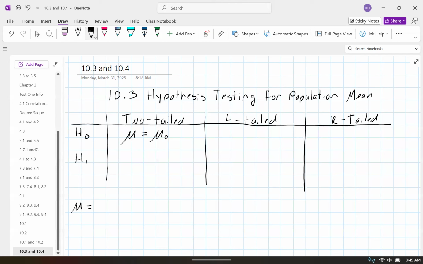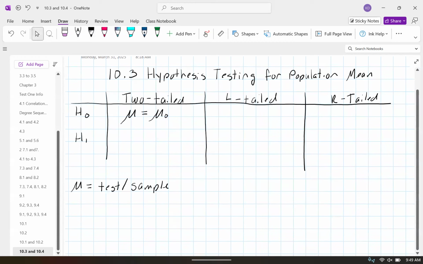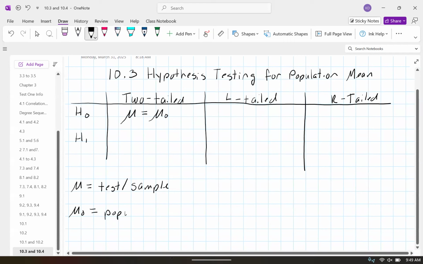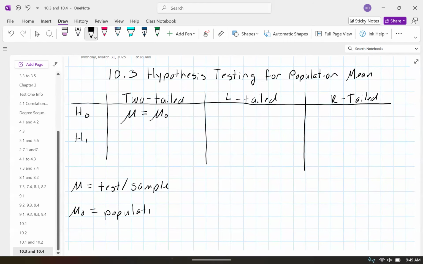This was our population because we want to be here. Equals test, / sample.